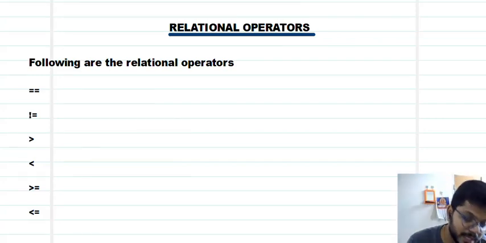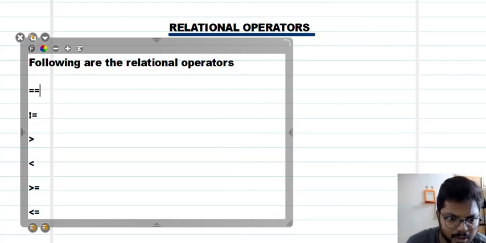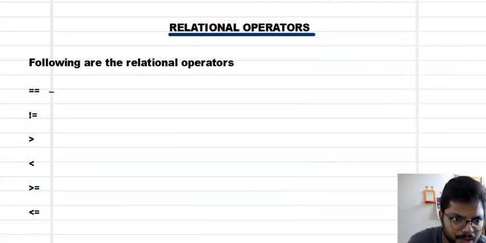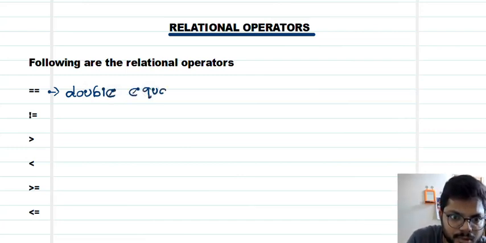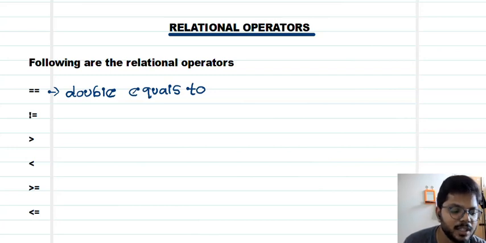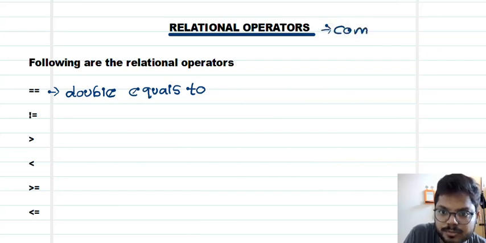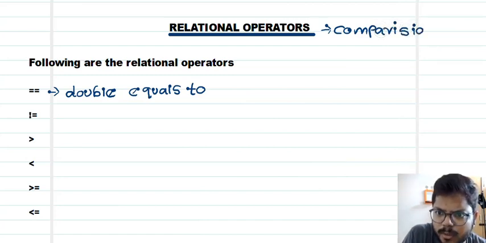Now, the first one is double equals to. One thing: these are the relational operators which are generally used for comparison purposes.